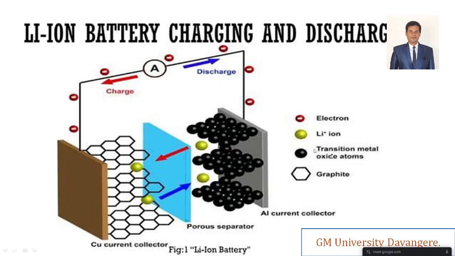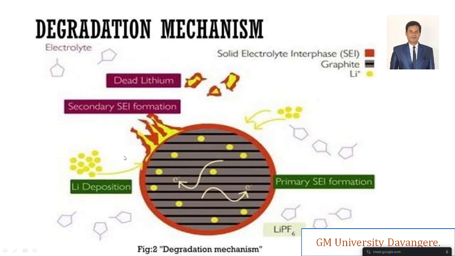This side is the graphite. So on this graphite side there is a reason for the secondary solid electrolyte interface to take place. So due to that, the degradation may also happen.